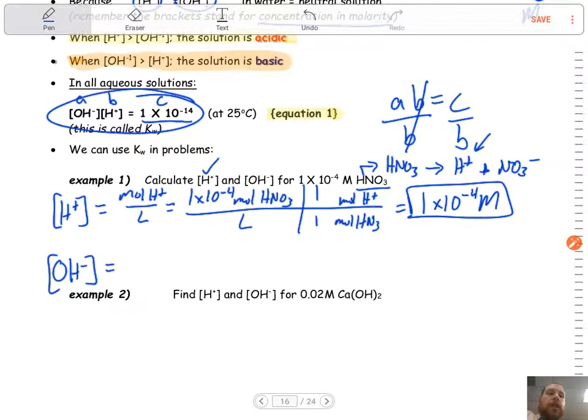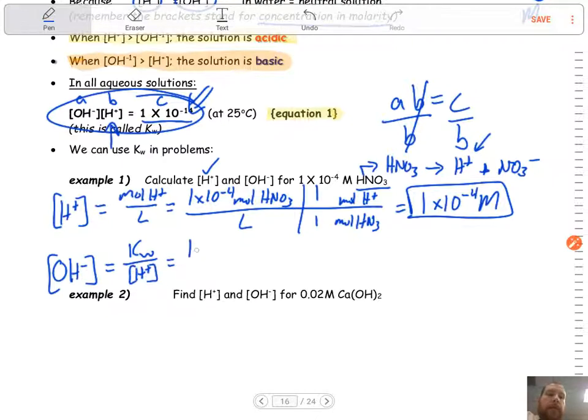Now, in this case, I want hydroxide by itself. Well, A times B equals C. I want to get rid of the B, or what I labeled the B. How do I do that? I'm dividing. So hydroxide ion concentration is going to be KW divided by my hydrogen ion concentration.